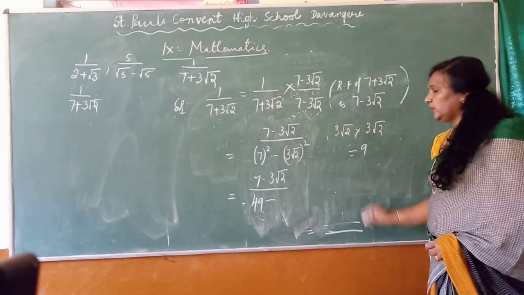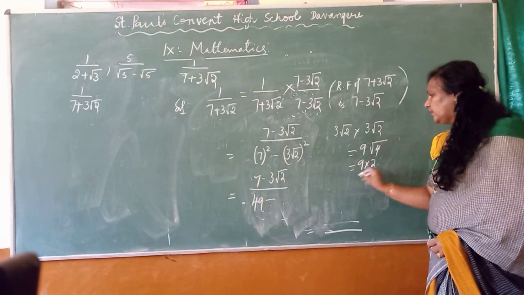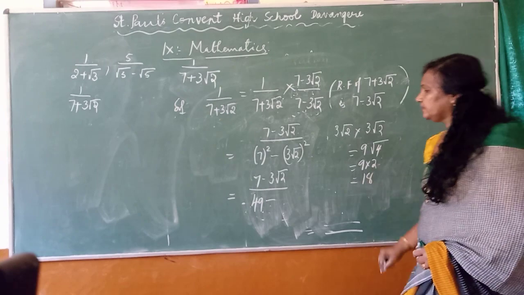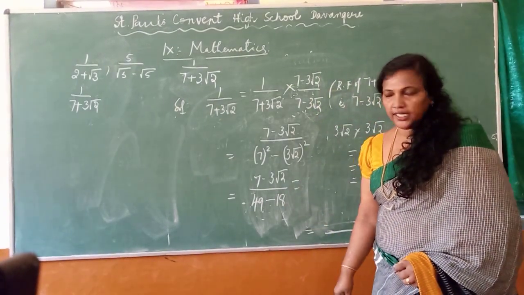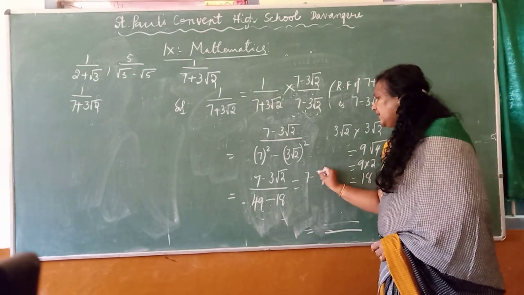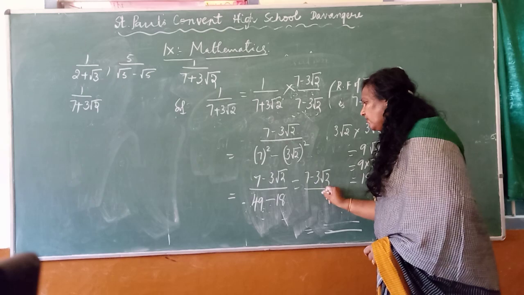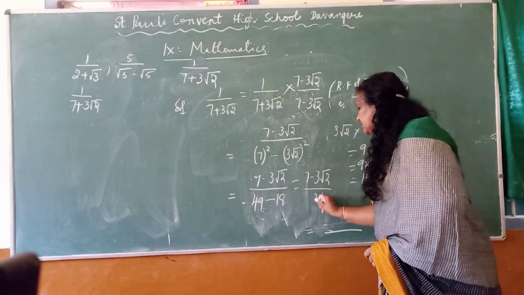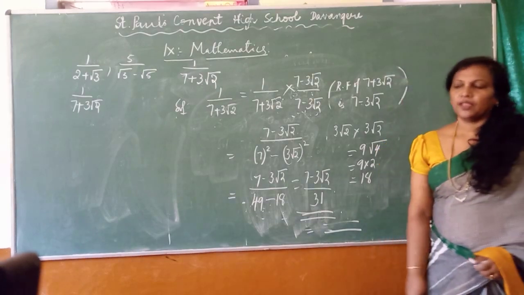Root 2 into root 2, root 4, 9 into 2, 18. So the final answer you get is 7 minus 3 root 2 by 49 minus 18, 31. You have to underline the answer, you should not forget.